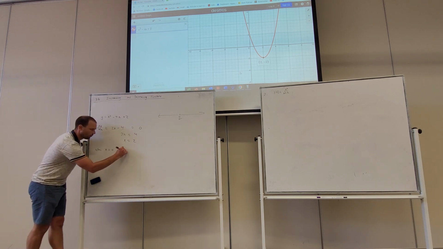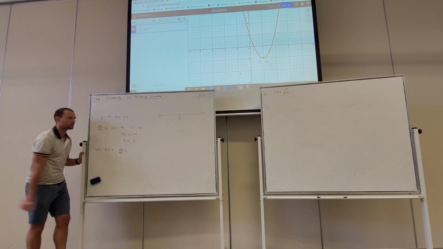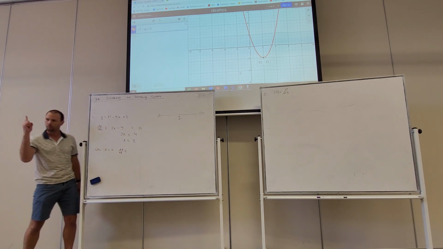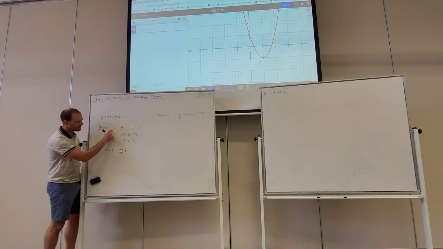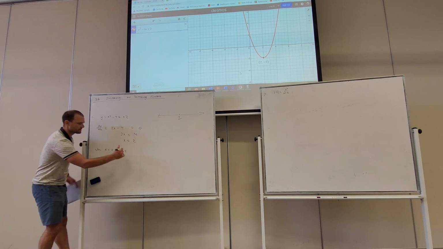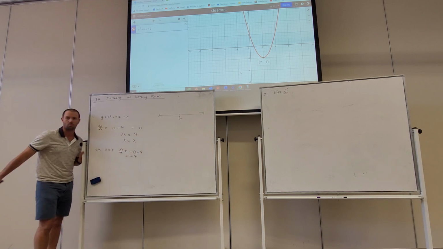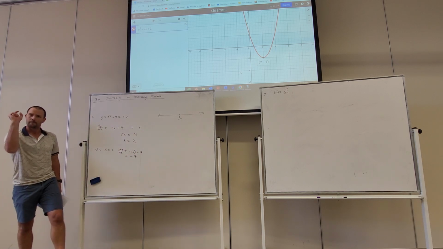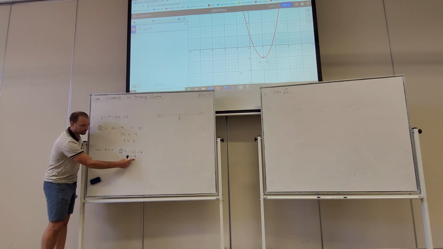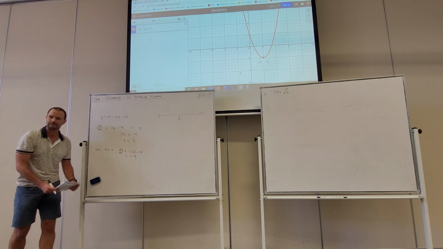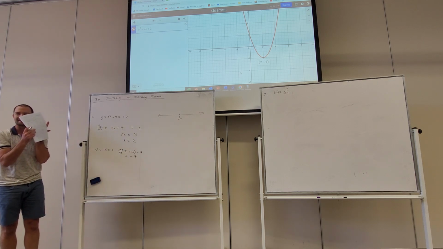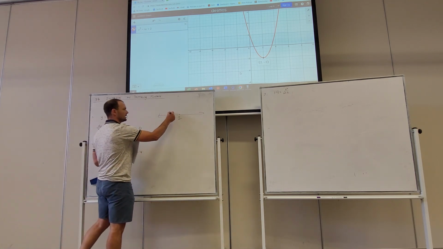When x is 0, what does the dy/dx function evaluate to? I'm going to have 2 times 0, take away 4, which is minus 4. The magnitude, the size of it, is not relevant. The important part is that it's negative. To the left of this root, it is negative.